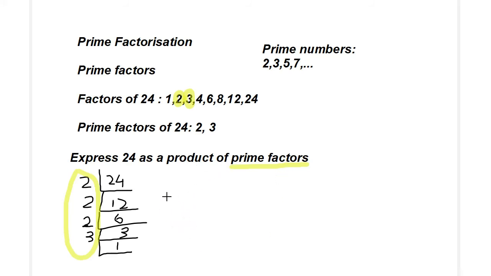This is how we write it: 24 equals 2, and you see there are 3 of the 2, so it's 2 times 2 times 2, which is the same as 2 to the power of 3, or we can say 2 cubed, and then there's a 3 here, so we just put it in.